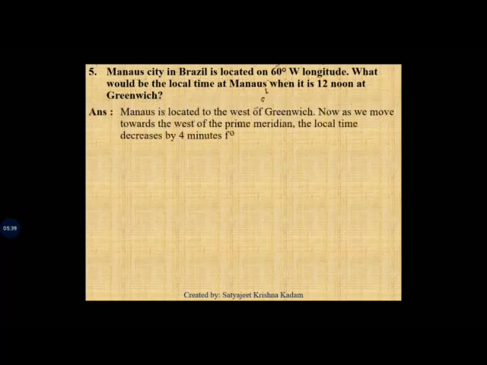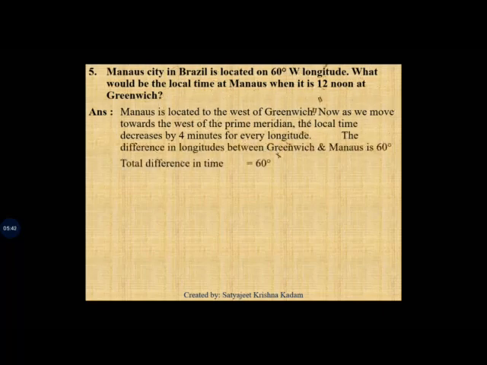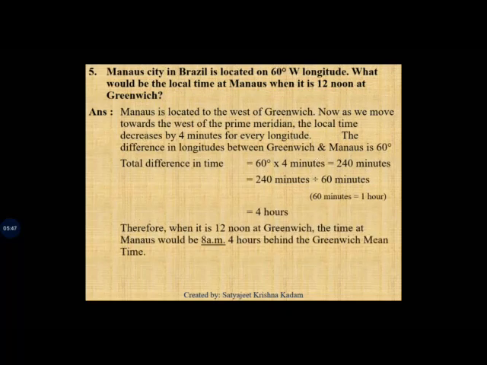Next, Manaus city in Brazil is located on 60° west longitude. What would be the time at Manaus when it is 12 noon at Greenwich? Answer: Manaus is located to the west of Greenwich. Now, as we move towards the west of the prime meridian, the local time decreases by 4 minutes for every longitude. The difference in longitudes between Greenwich and Manaus is 60°.